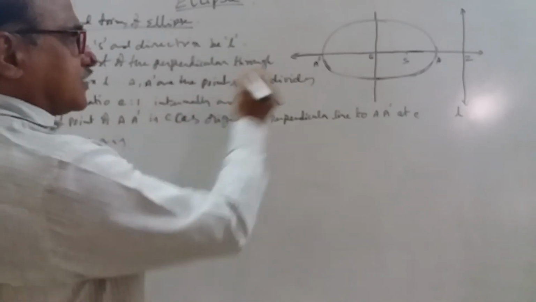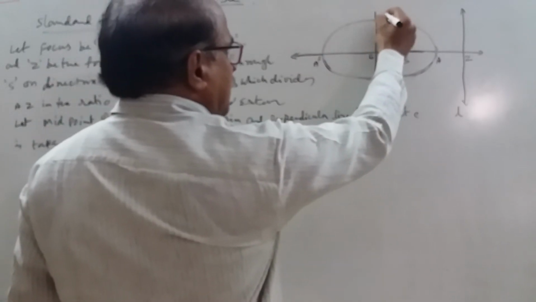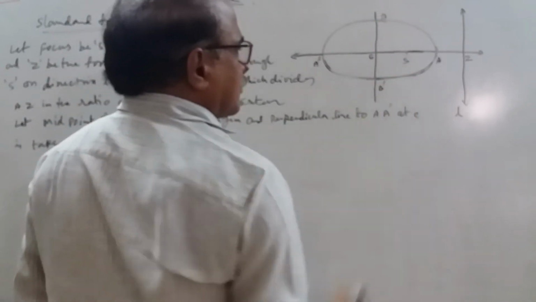That means it intersects the ellipse at B and B dash.